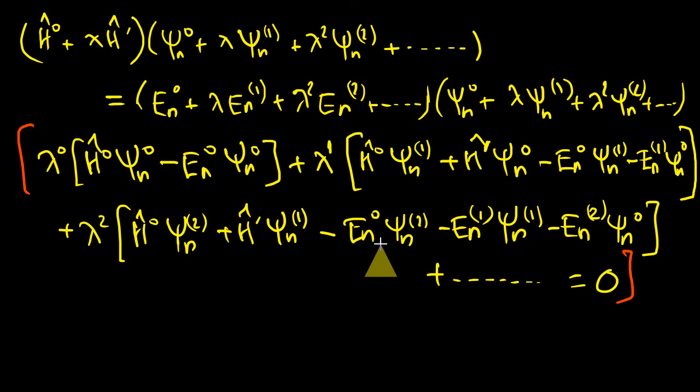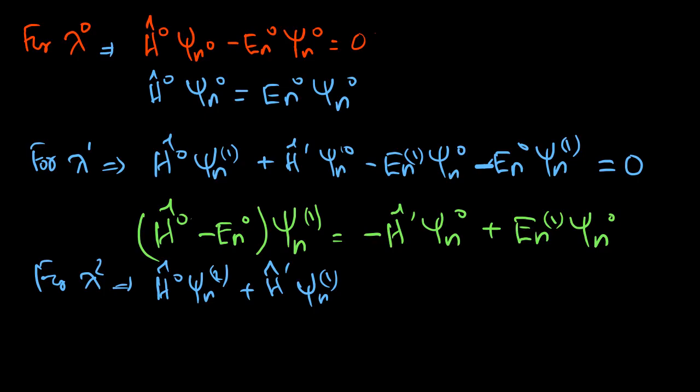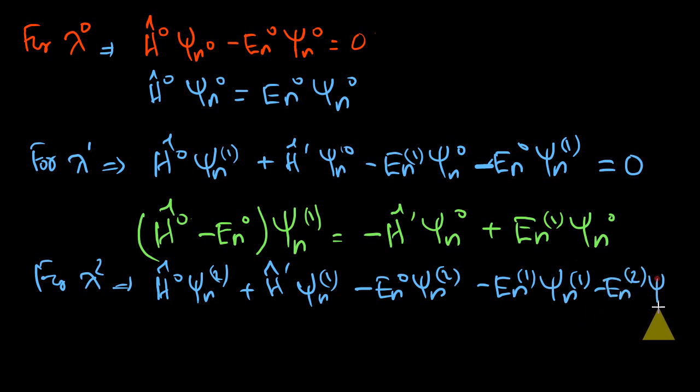All other terms are minus signs: En 0 psi n 2, En 1 psi n 1, En 2 psi n 0. It's very easy to remember: 0 plus 2 is 2, 1 plus 1 is 2, 2 plus 0 is 2. You can remember like that. So we can write minus En 0 psi n 2 minus En 1 psi n 1 minus En 2 psi n 0, that is equal to 0.